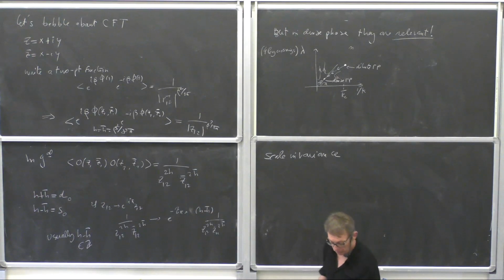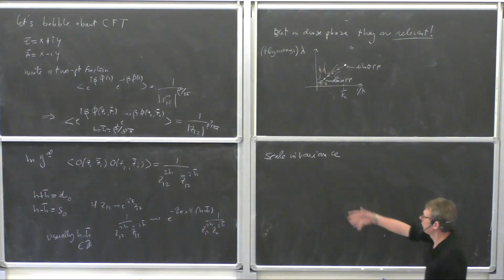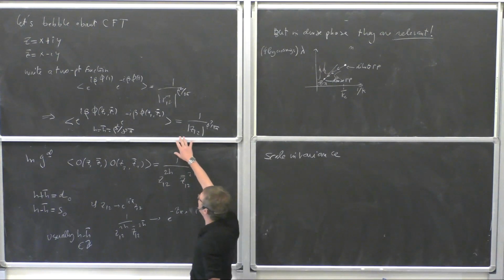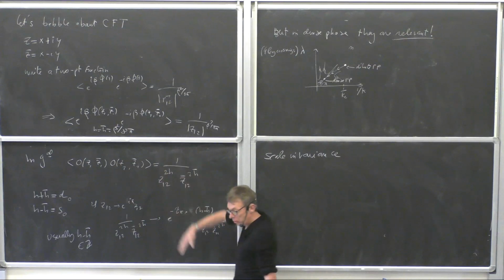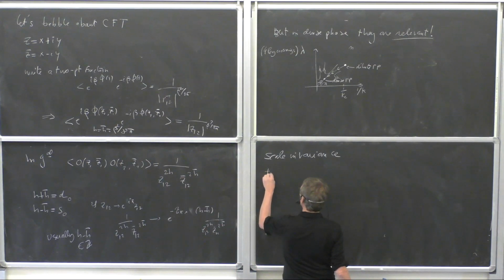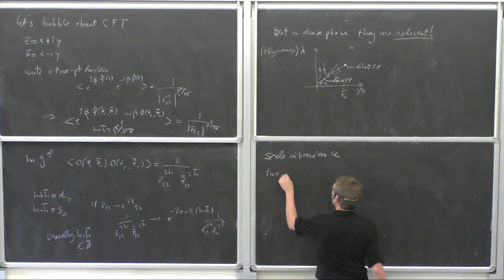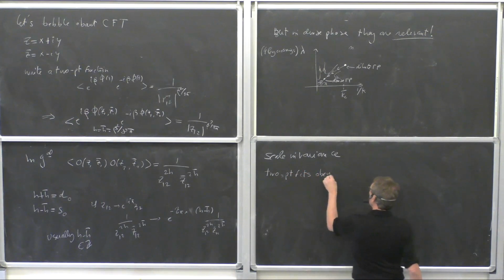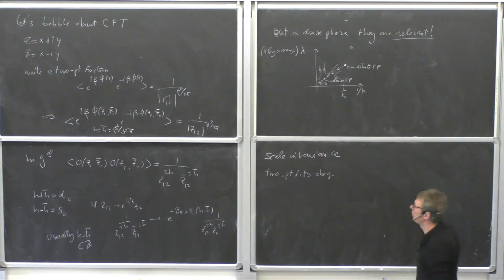What this means in practice for our correlation functions is that they obey some extremely simple symmetry under scale transformations. Okay? This means that the 2-point functions obey something simple.